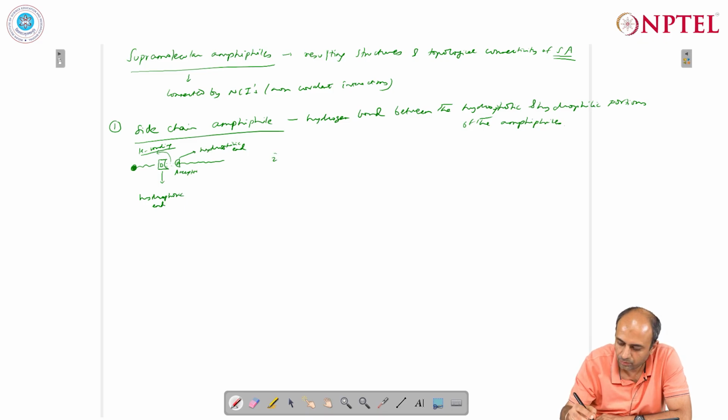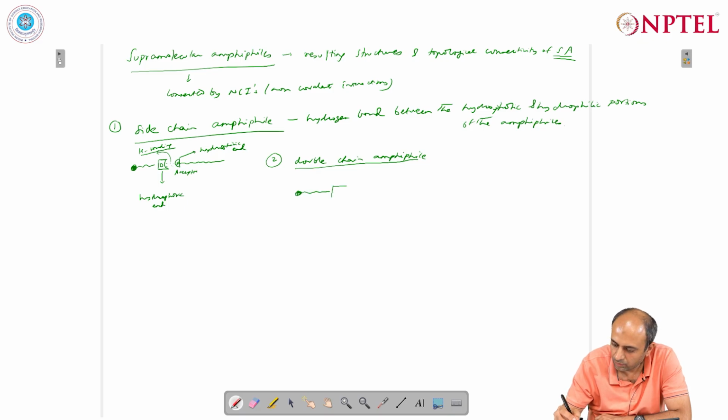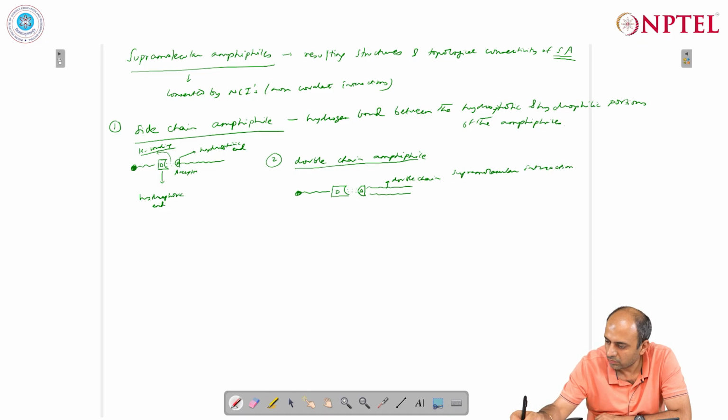The second one is the double chain amphiphile, where we have got an amphiphile which has got a donor region and there is an acceptor region here A, but you see it has got a double chain and there are now non-covalent interactions between the donor and the acceptor regions, that is there exist supramolecular interactions between the head and tail regions of the amphiphile.